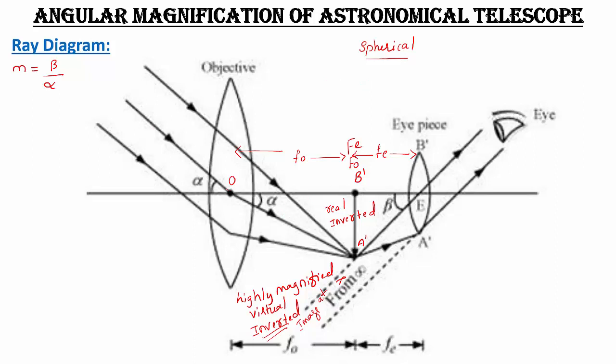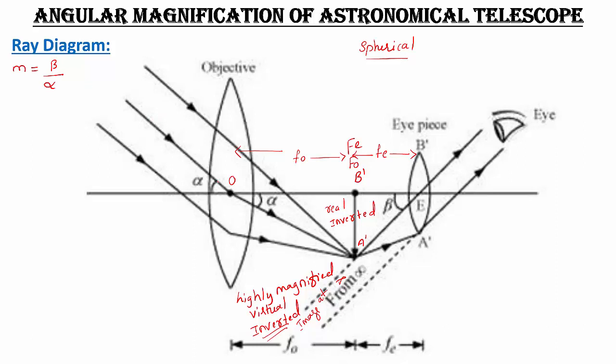Now we can find the angular magnification of the astronomical telescope using this ray diagram. We know the equation m equal to beta divided by alpha. Alpha is the visual angle subtended by the object, and here the object is the heavenly body.